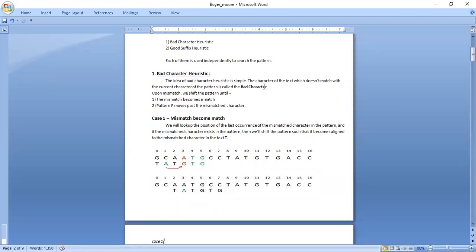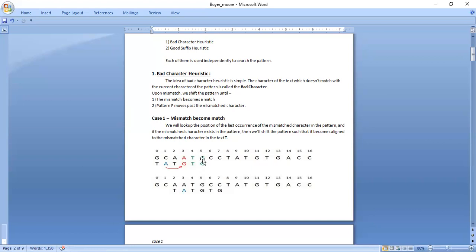First we keep the pattern at the 0th index. Now we start matching, starting from the right side, because it follows the right to left pattern. First we check the m-1 index value, because m is the length of the pattern, right?